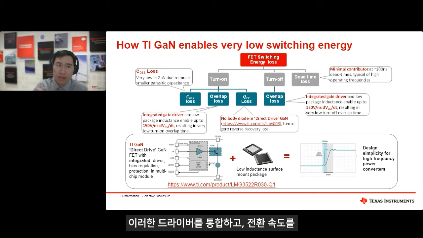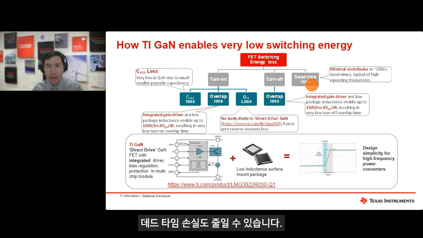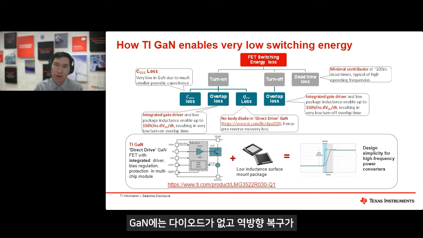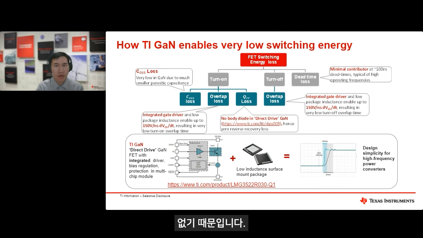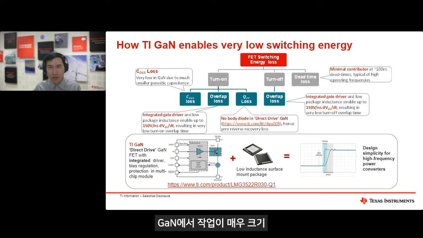By having this driver integration and pushing the switching speed to the maximum, you can also lower the dead time loss, because you can minimize your dead time settings. Dead time loss is a kind of trade-off of GaN, because on one side, GaN doesn't have a body diode and there's no reverse recovery. On the other hand, the third quadrant conduction voltage drop is very large on GaN compared with silicon and silicon carbide.